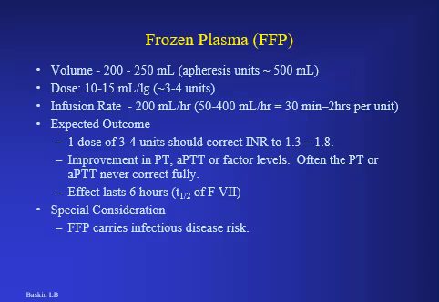And the effects last about 6 hours, and this is associated with the half-life of factor 7. One thing to remember is that plasma does carry an infectious risk, whereas some of the specific clotting factors, which we're going to more and more, the concentrates can be produced with recombinant techniques that eliminate the infectious disease risk.